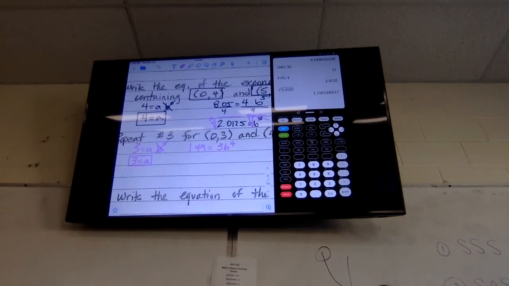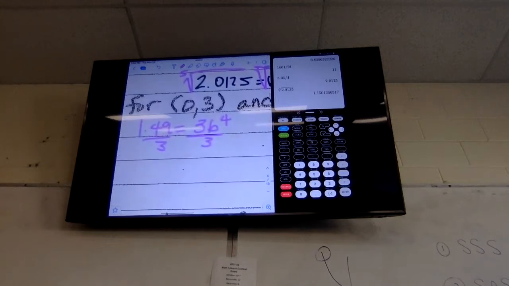So I got A is 3, and then to find B, I'm going to have 1.49 equals 3 times B to the 4th. So we divide by 3. And I got 0.497 equals B to the 4th.